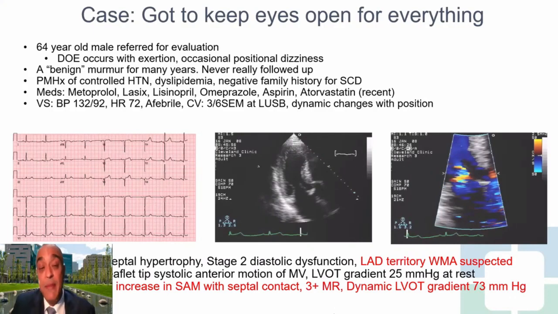With amyl nitrite inhalation, the SAM to septal contact increased, and there was a dynamic outflow tract gradient of 73 millimeters of mercury.